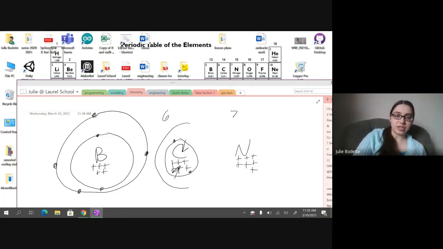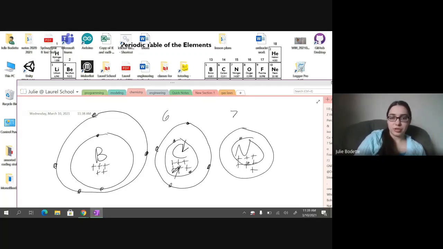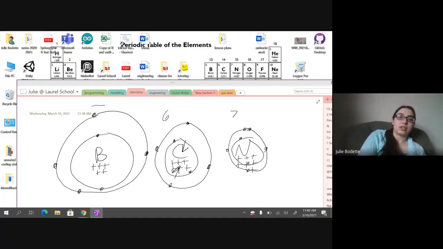So the electrons will get just a little bit closer in. And then nitrogen has 7 electrons, so they'll get even closer. So 1, 2, 3, 4, 5, 6, 7. I should probably draw that a little bit smaller for emphasis.